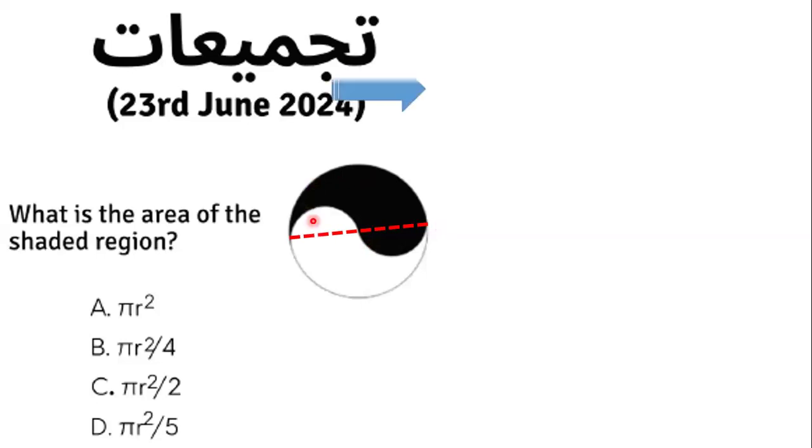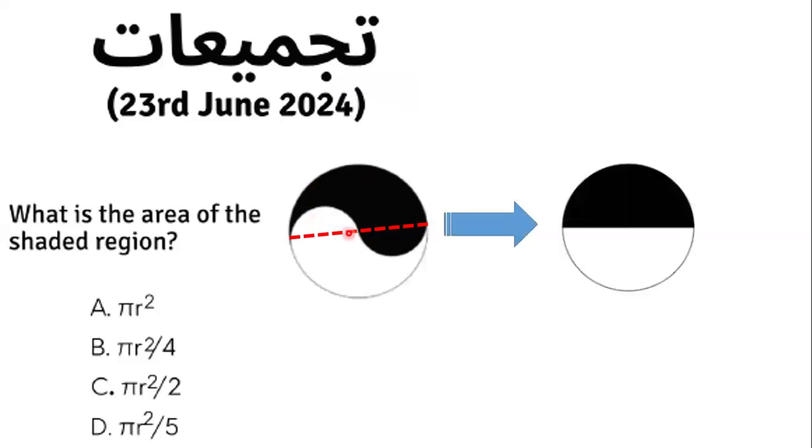That's the key point, guys. Here we have two smaller identical semicircles. If I cut this one and put it here, we'll have a complete semicircle.